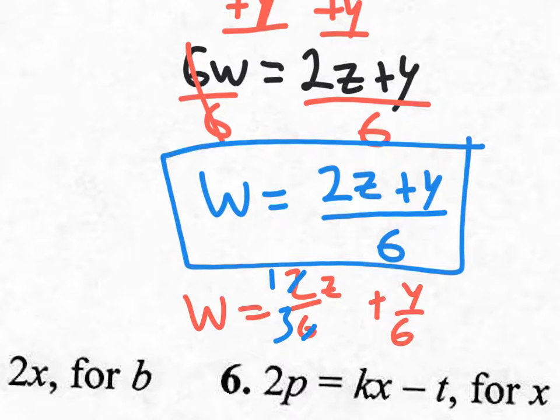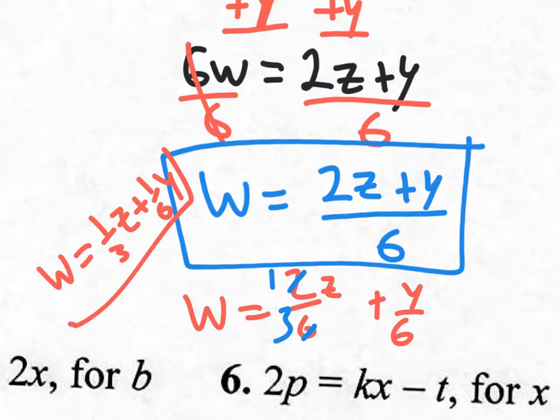So your final answer that you could see on a multiple choice test could be w equals 1/3 z plus 1/6 y. That could be an answer on a multiple choice test, but we're going to leave it as one fraction, which is a whole lot easier to do.